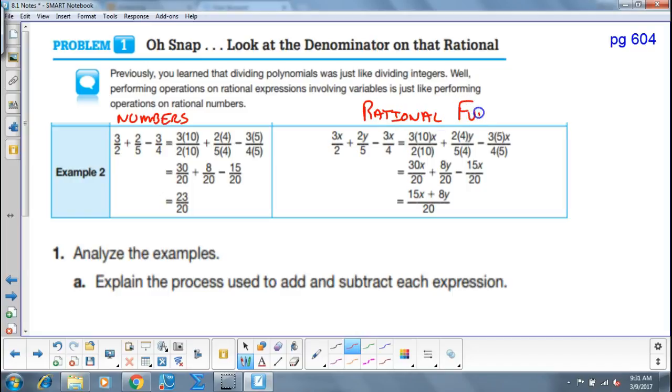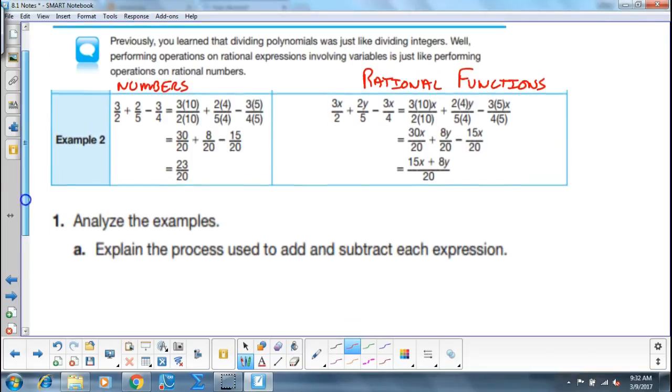It's no different when you're dealing with rational functions. Adding and subtracting rational functions is the same as adding and subtracting numbers, or regular fractions, if you will. First, you've got to find a common denominator.